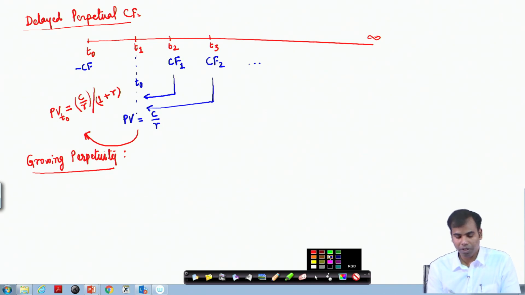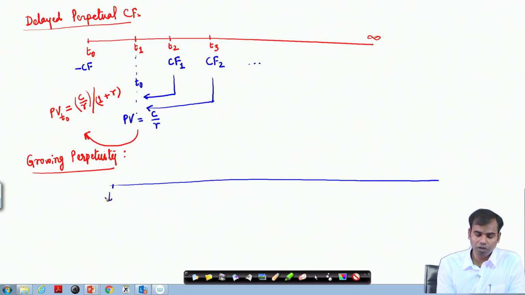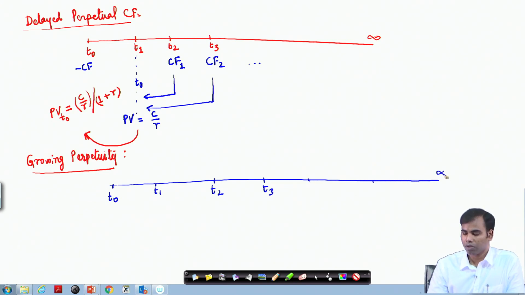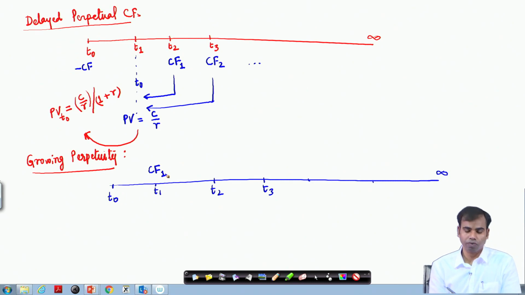The situation will be like this. So, suppose you have a timeline for which you have different points of time, and it is going to be there for forever, and the situation here is, in year 1 you have CF1, which is your first cash flow.